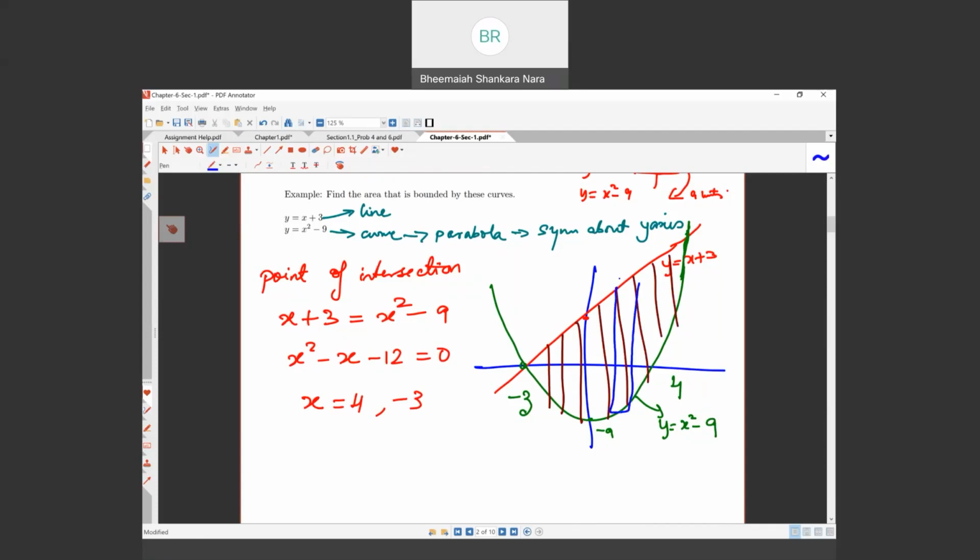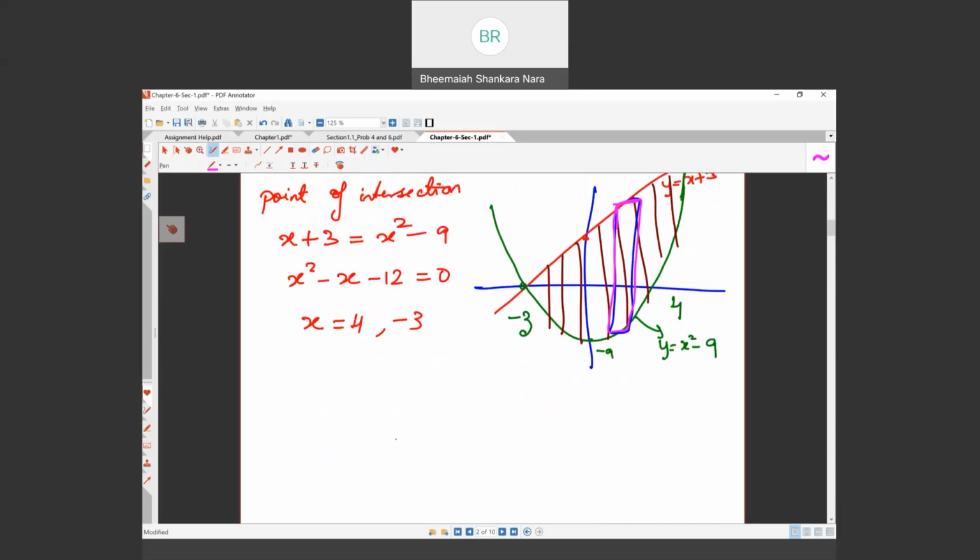By knowing the height, when we write the integration formula, f of x minus g of x, or is it g minus f, it's easy for you to identify. So here we see the top line is the straight line, and the bottom line is the curve y equals x squared minus 9. So it's the straight line minus the parabola when you write f of x minus g of x.